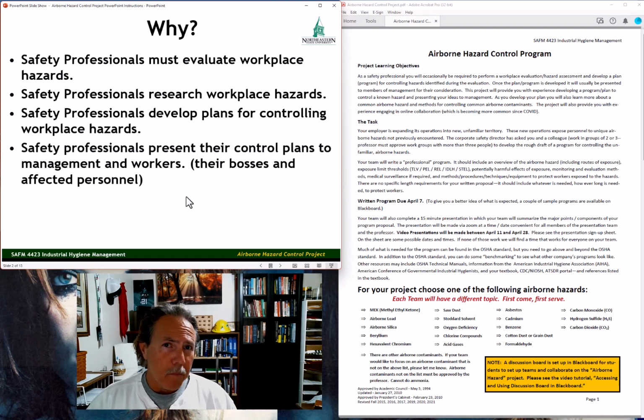Once we develop our plans, there's a presentation involved. Usually we're making a presentation of our control plans to the person who assigned us the task. We may be making a presentation to management, upper management, even at the VP or president level of a company.